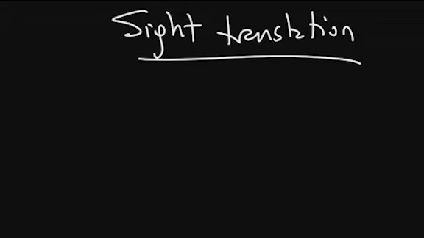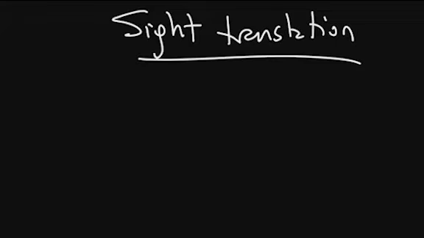Translate it in written form. You should know by now that interpretation is verbal, translation is written. So you might have done that, but that's not the way interpreters use this technique.